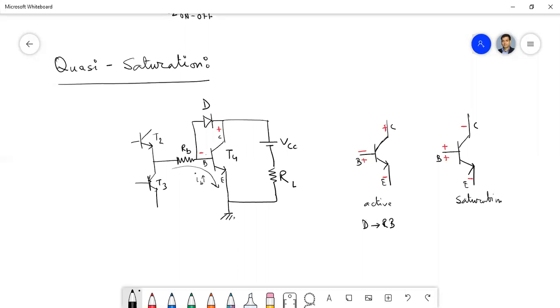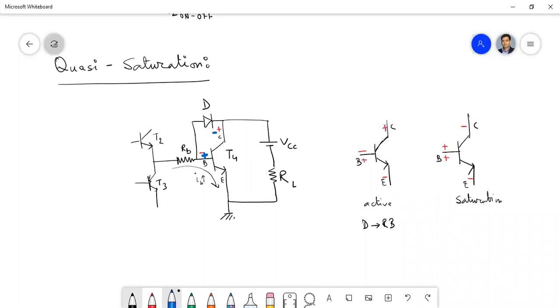Once T4 tries to enter into saturation, or when T4 has just entered the saturation region, what will happen? Suddenly the polarity will be reversed, isn't it? And what about the diode? When T4 has just entered the saturation, the diode will be forward biased.